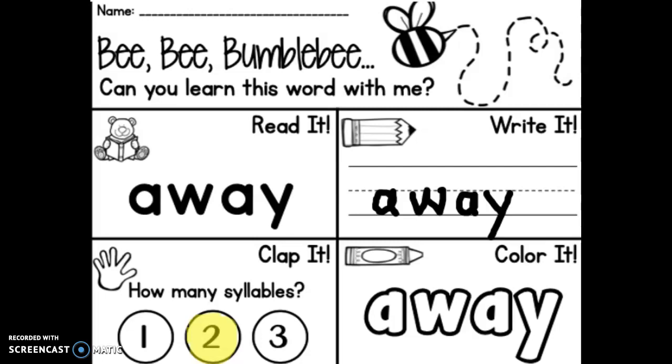And then for the next activity or the next box, I'm going to use a red crayon. So if you have a red crayon and want to match me, go ahead and get it out. And let's color in the word away.